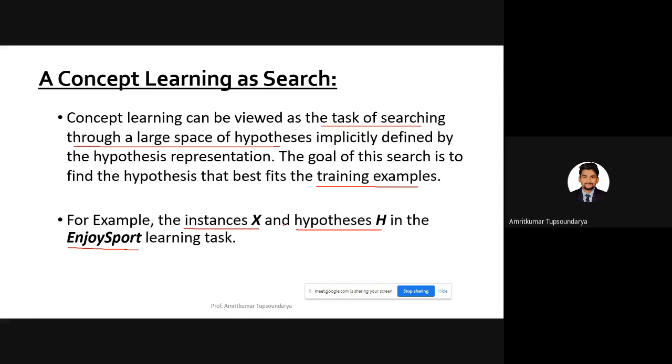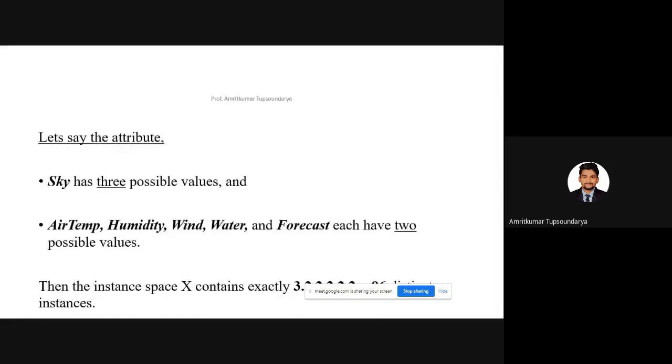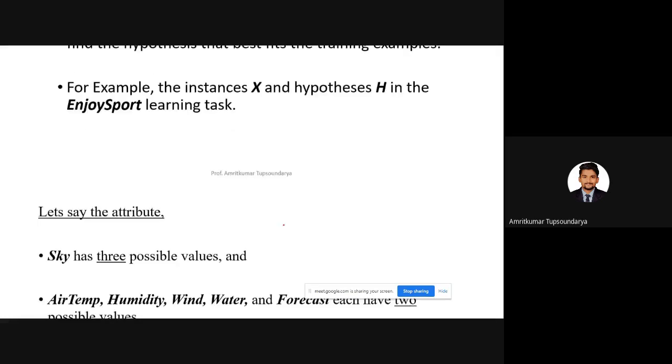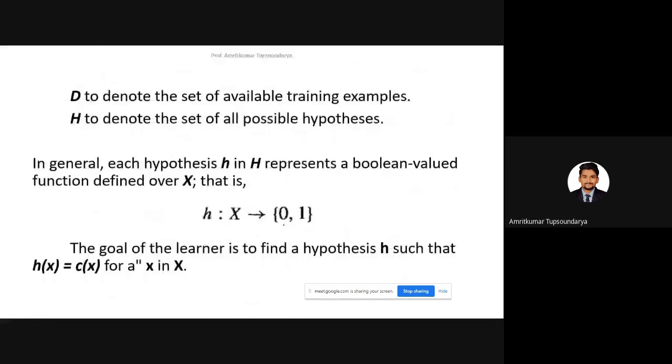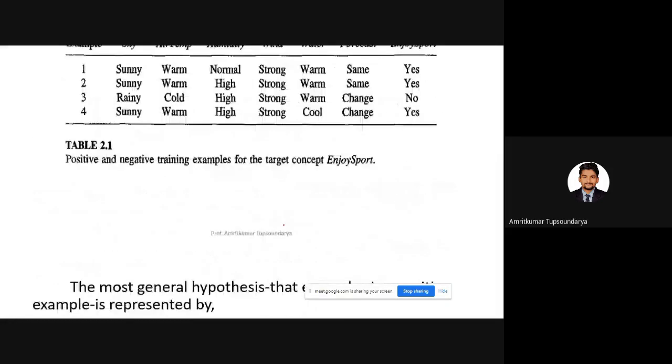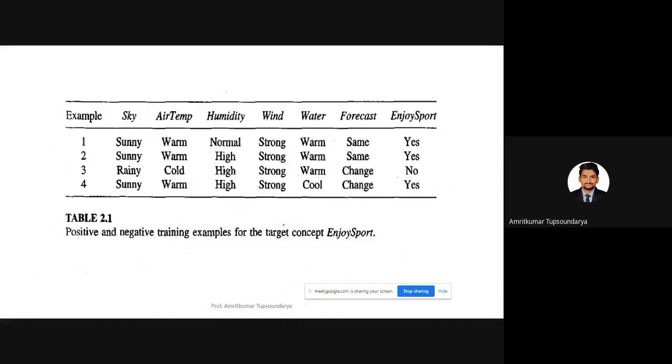So let us have an example to understand that. Let me quickly go back to the table, Table 2.1, where you can see the different parameters and different values.